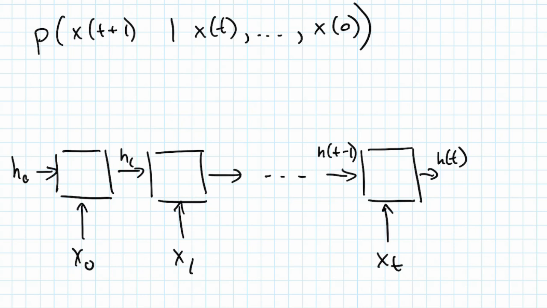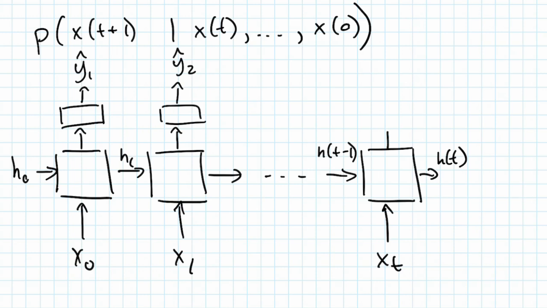Again, at the top, we can have a dense layer or an ANN. So we draw that like that, and then this will output y1 hat, and then y2 hat. Okay, and this outputs to a dense layer, and this is y of t plus 1 hat.